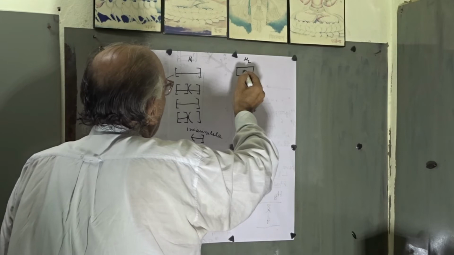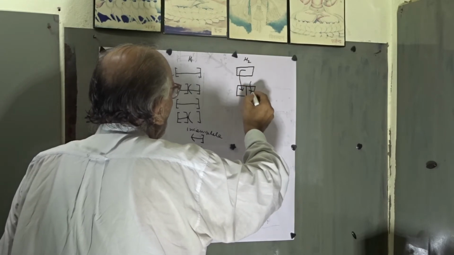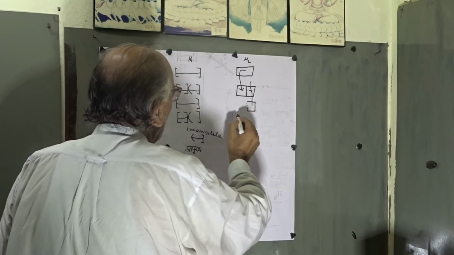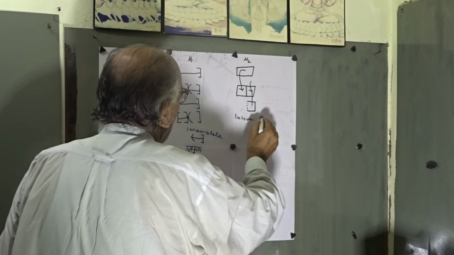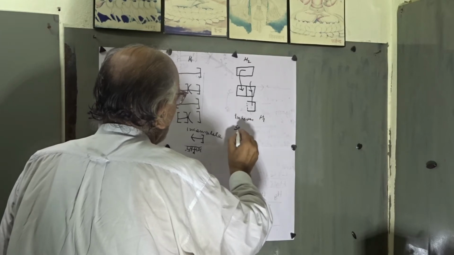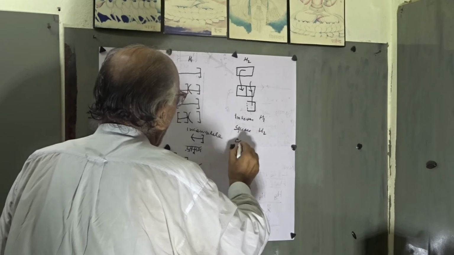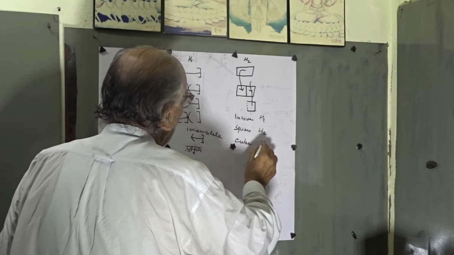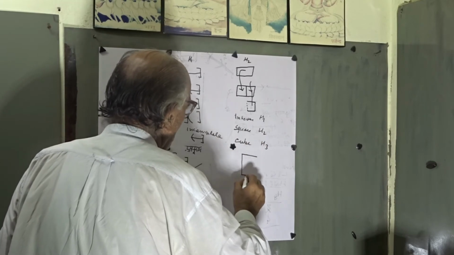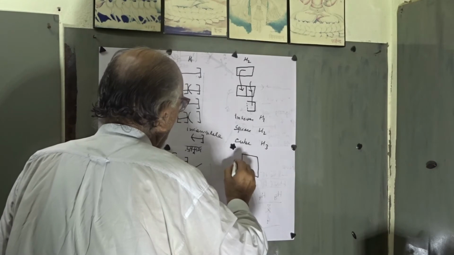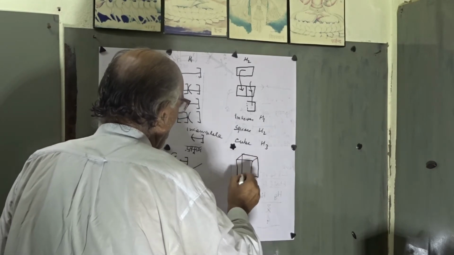This square is a complete square and an incomplete square. So interval is hypercube 1, square hypercube 2 and cube hypercube 3. Likewise, there will be a split for a cube into a complete cube and incomplete cube.